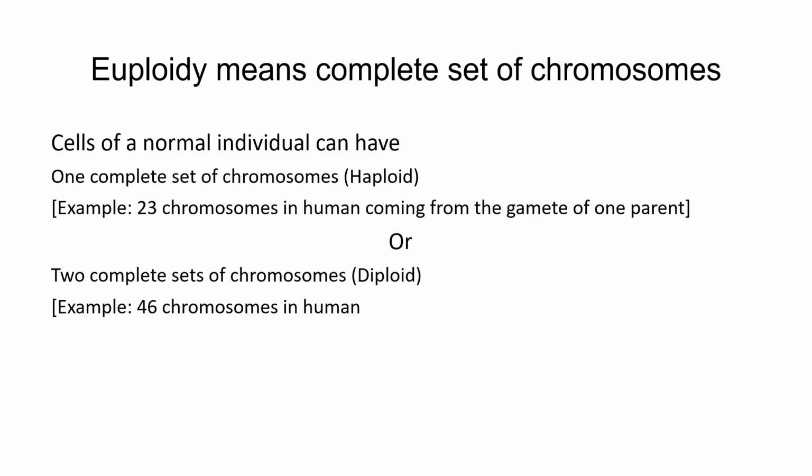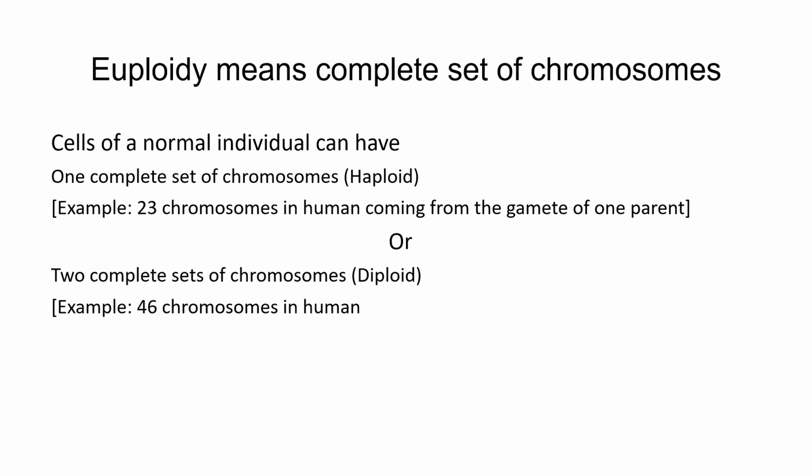That means a complete set of chromosomes is present. Just a few minutes back, I showed you the human karyotype where you had 46 chromosomes, that means 23 pairs. So this is the euploid number where no chromosomes are missing, all are paired. Cells of a normal individual can have one complete set of chromosomes, that is haploid.